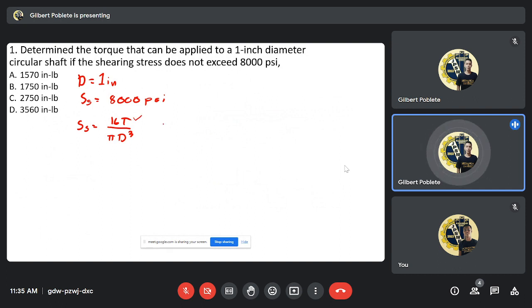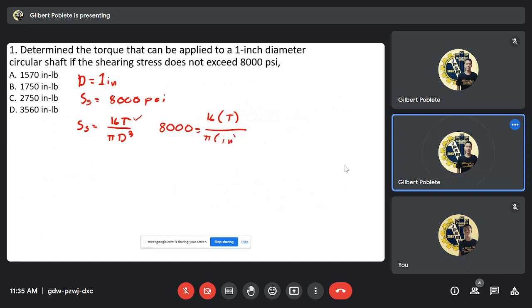So meron tayong 8,000 equals 16 times torque over pi tapos meron tayong 1 inch.